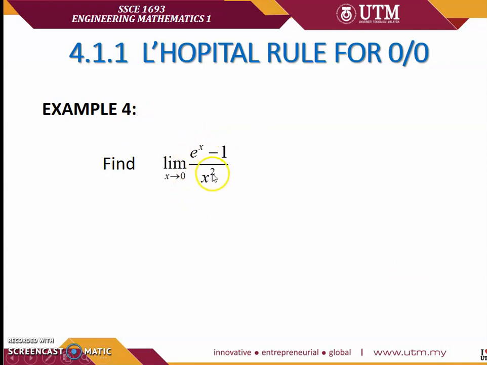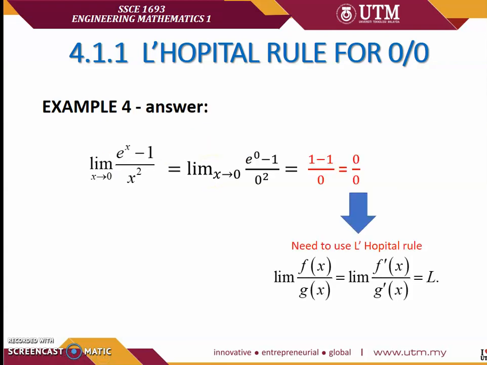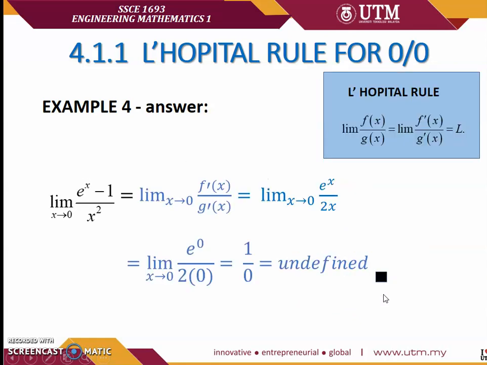For x squared, 0 squared is also 0. So again we need to use L'Hopital's rule, differentiating f(x) and also g(x).